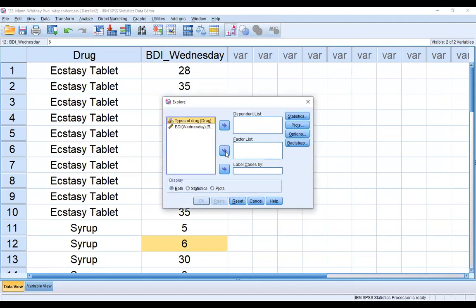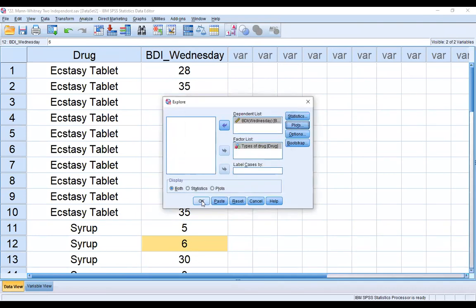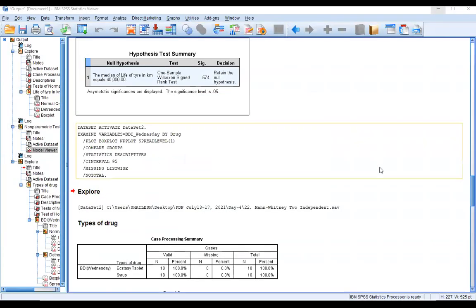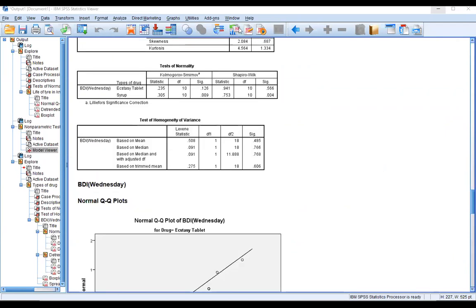Types of drug into factor and BDI into the dependent list. In plots, I need only normality plots and untransformed for homogeneity Levene test, and then continue. After continue, okay, and I'm sharing the output with you. You can see the output.